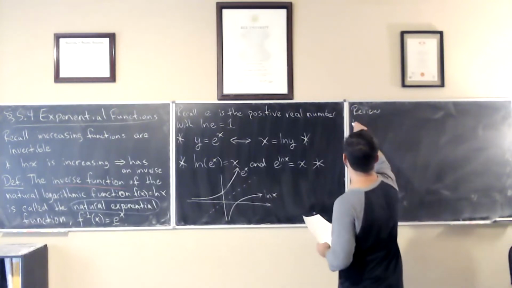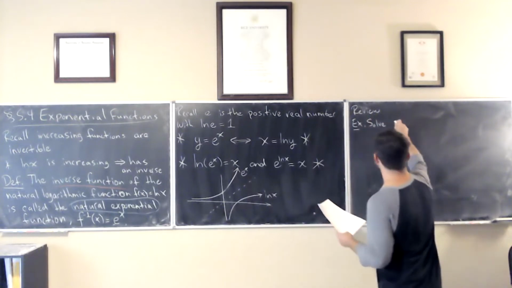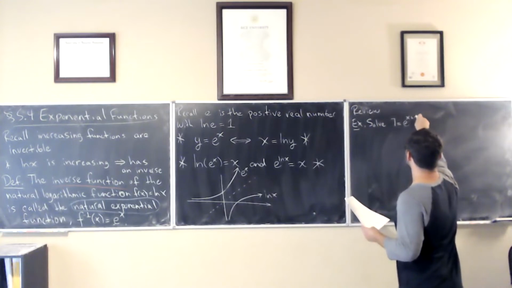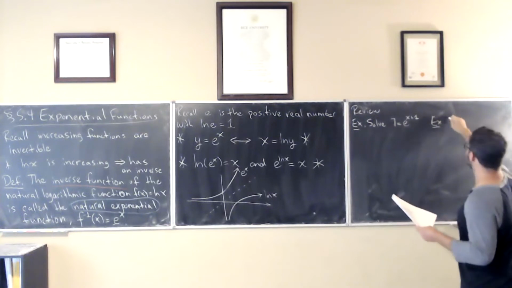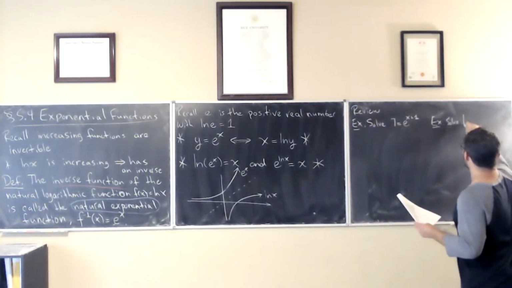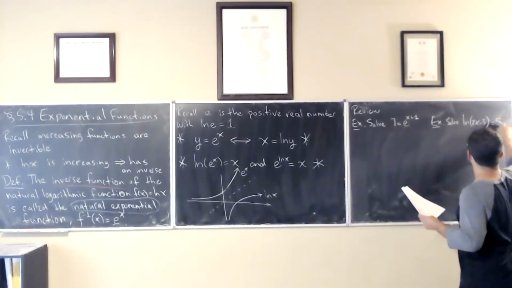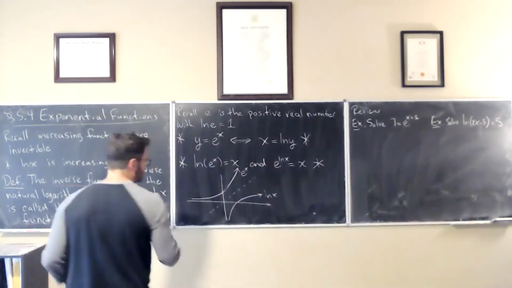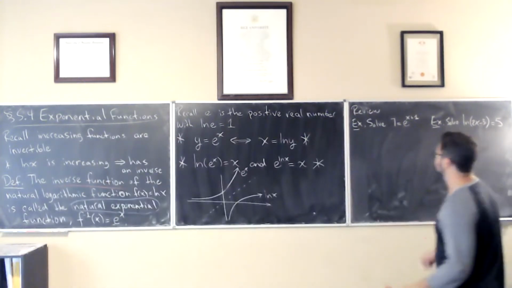For example, solve the equation 7 equals e to the x plus 1 for x. And then the other example would be solve natural log of 2x minus 3 is equal to 5. Okay, so this is something that you could learn to do in a pre-cal class or college algebra class.